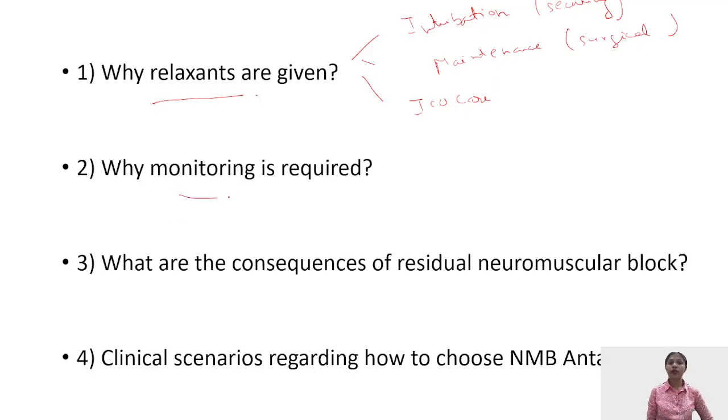Second, why monitoring is required, as I've already briefed you, that under as well as overuse of neuromuscular blockers can be hazardous. So what are the consequences if residual neuromuscular block is there?